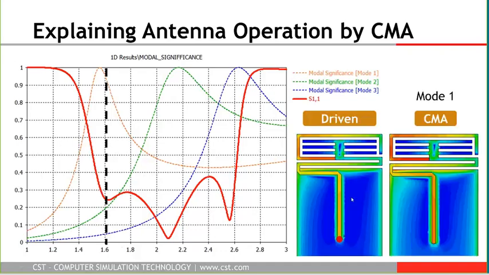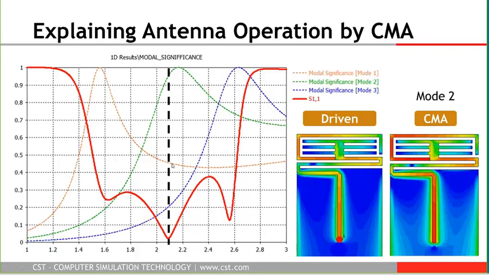We can also check the current distribution of the excited or driven simulation, which is on the left, and mode 1 distribution, which is on the right. And you see that they correspond quite nicely to each other, but a careful look can also see that there is some part of mode 2 and some part of mode 3 in the driven simulation.